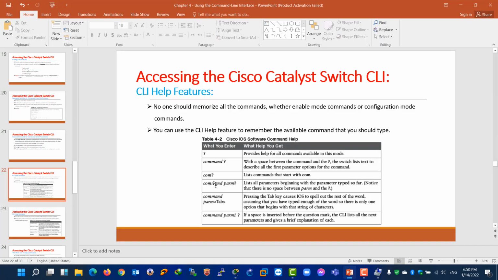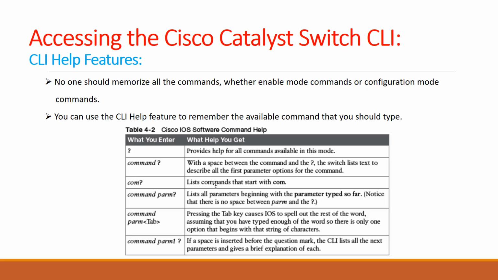Let's go back to our slides. Here you can type the command and the parameter and hit tab. By hitting the tab key, it causes the IOS to spell out the rest of the word.